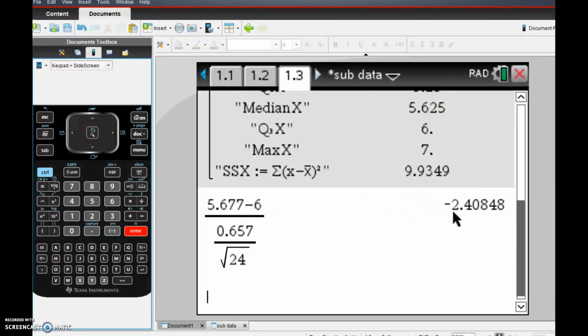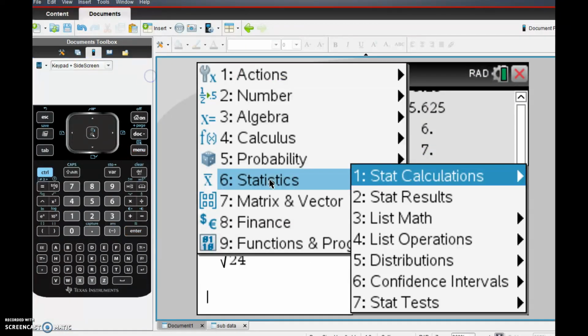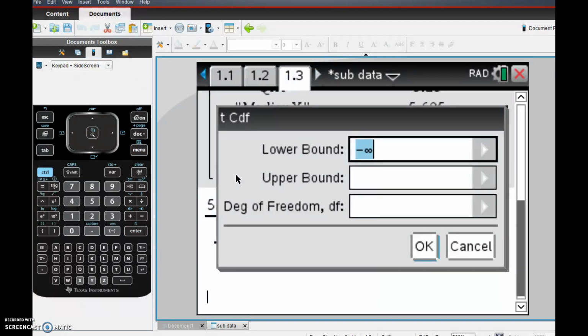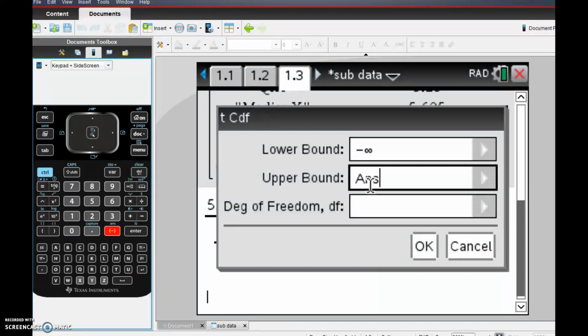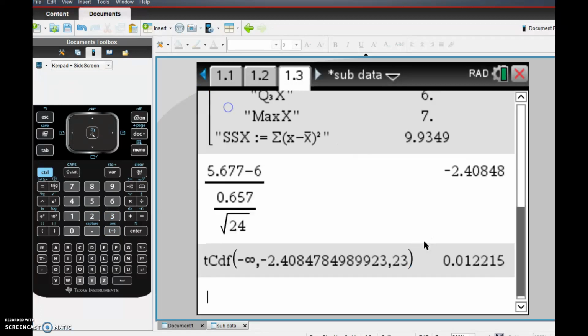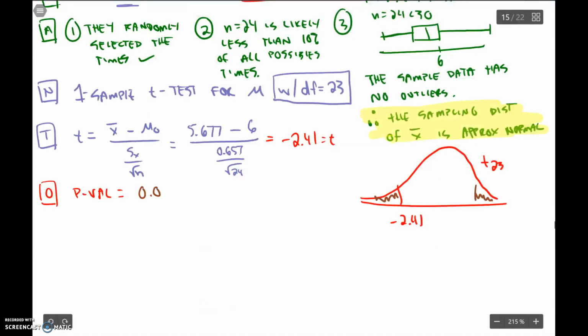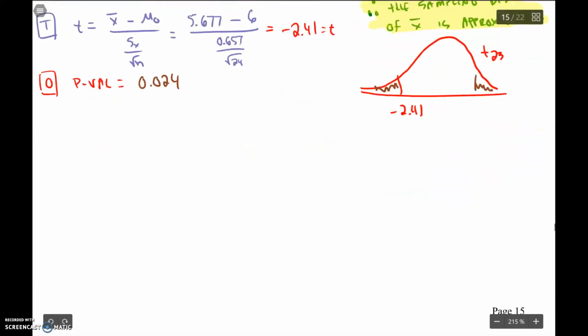That is menu, statistics, distributions, t-CDF, from negative infinity to my last answer, which was negative 2 point whatever, 23 degrees of freedom. So that gives me 0.0122, and you need to double it. 0.024. That is small.